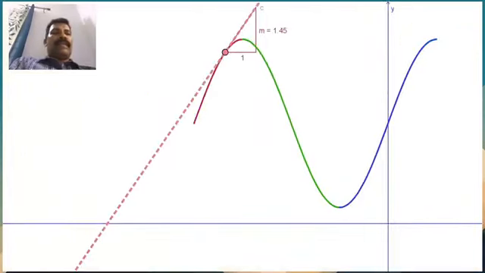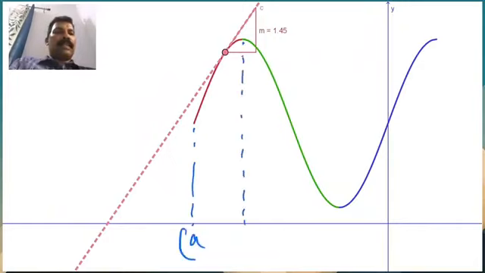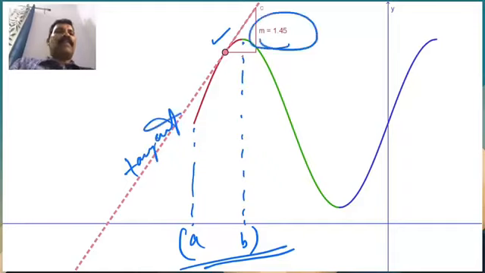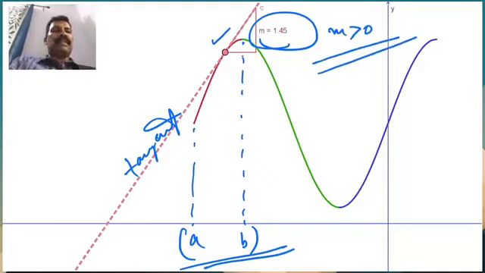One more thing we can see here. From this point, say A, to this point B, where the red portion finishes, for this open interval AB, if we consider any point on the curve and draw the tangent at that point, you can see that the tangent has a positive slope.